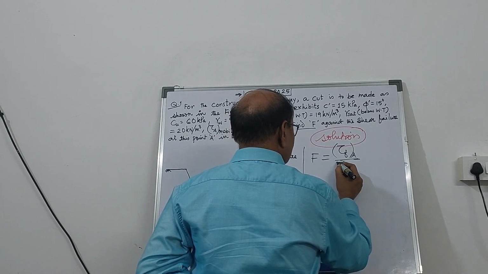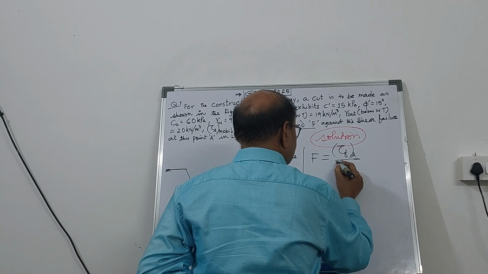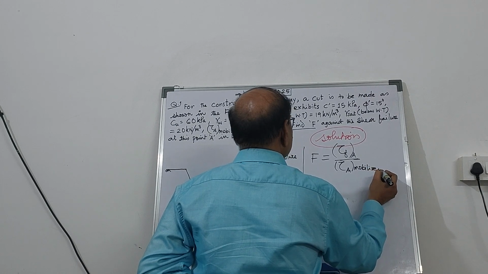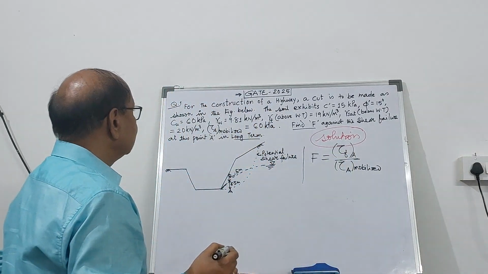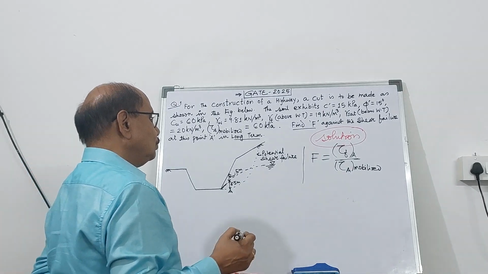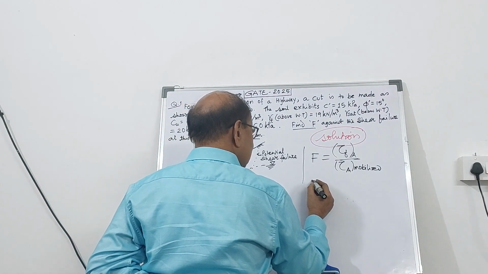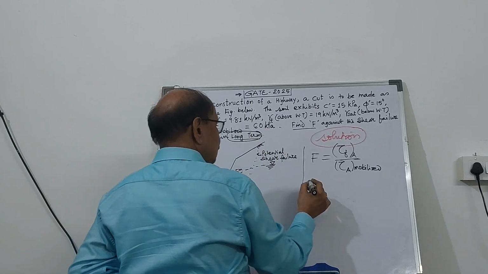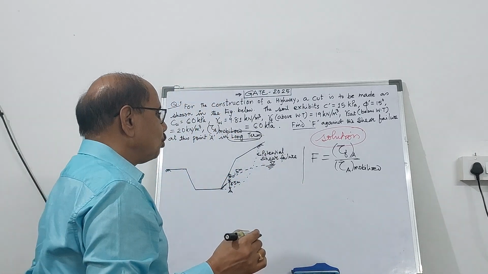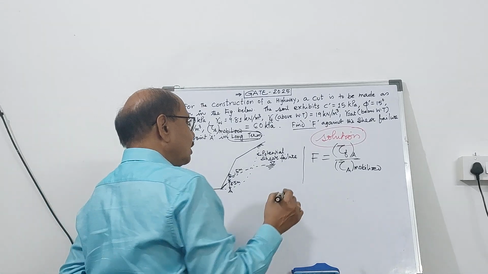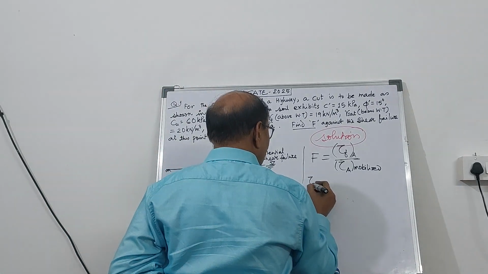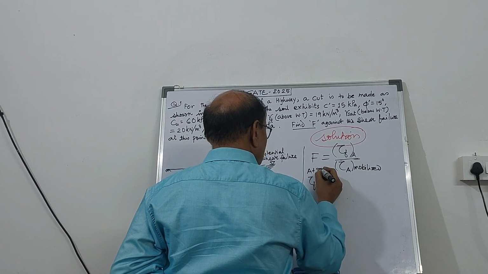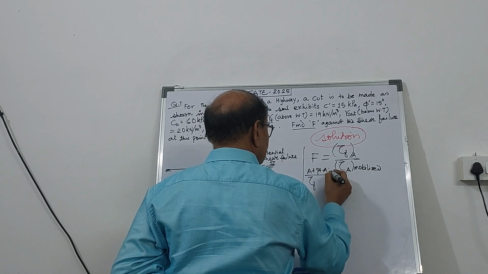So this is the mobilized one. At A, this is mobilized. That becomes the factor of safety. So how to find this? You have to find it for the long term. In the long term, the pore water pressure dissipates, and therefore the value of tau F at point A we should calculate.